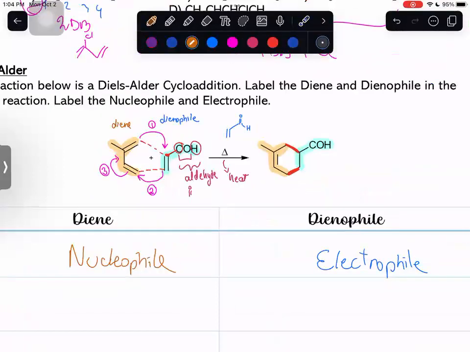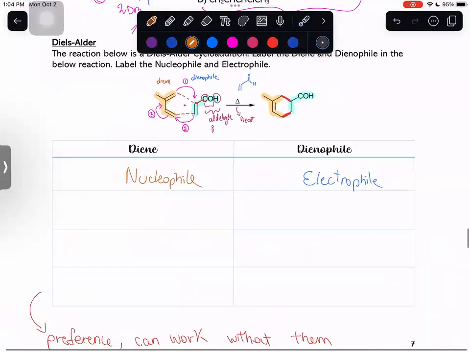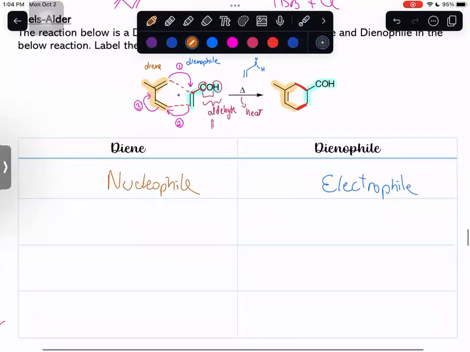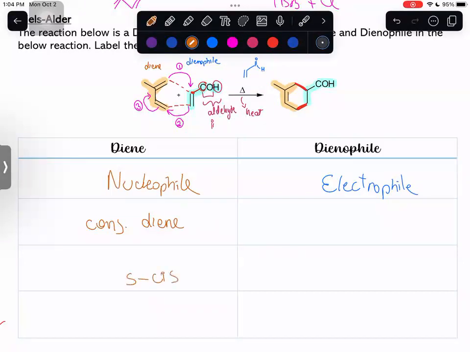But let's talk about the certain rules that each of them has. So, okay. So we know that the diene is a nucleophile. Now, I told you that it has to be a conjugated diene. That's the main part. If it's not conjugated, this reaction is not going to work. Now, the other rule for it is going to be that it has to be in the S-cis conformation. Very quickly, do you remember how to find the S-cis conformation?